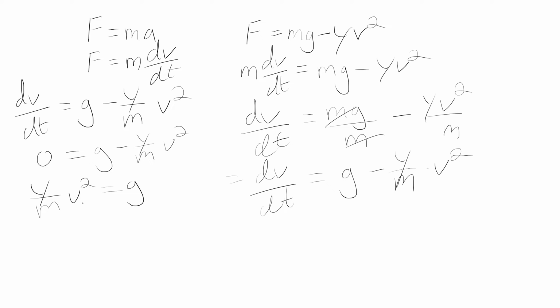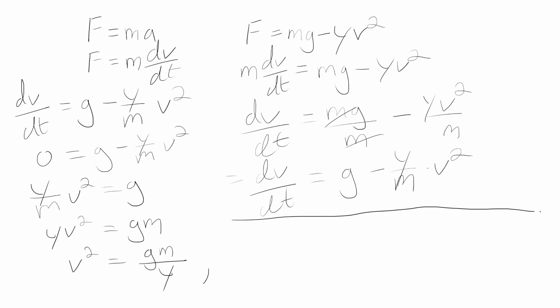We're going to multiply both sides by m, so we're left with the drag coefficient times velocity squared equal to the acceleration due to gravity times m, and then divide both sides by the drag coefficient. So we get velocity squared is equal to the acceleration due to gravity times mass, all divided by the drag coefficient.